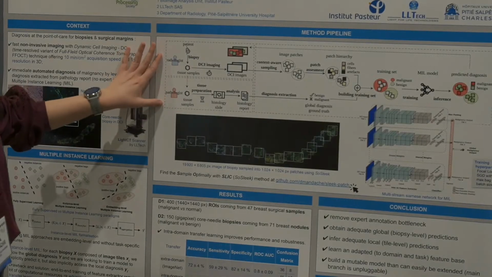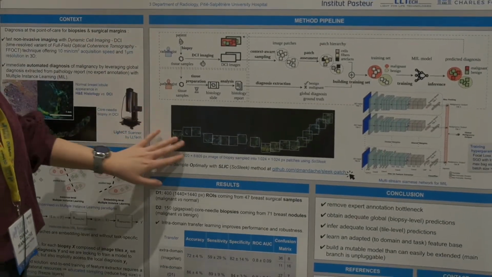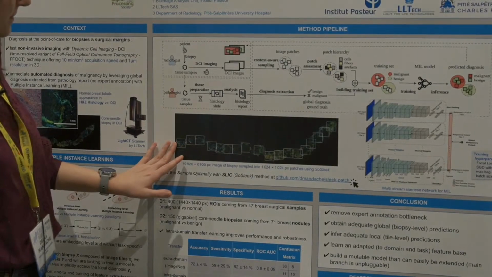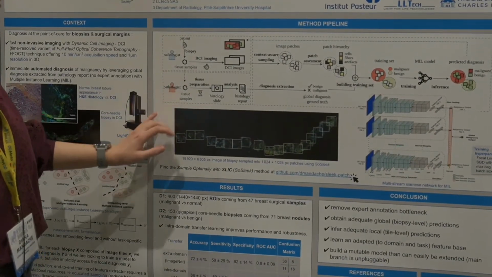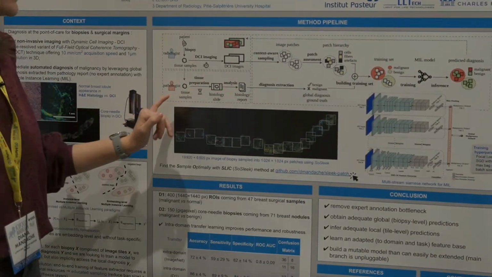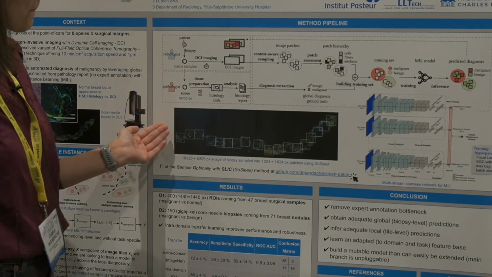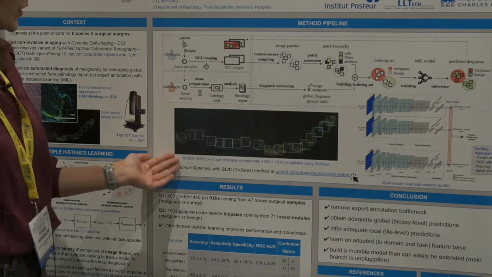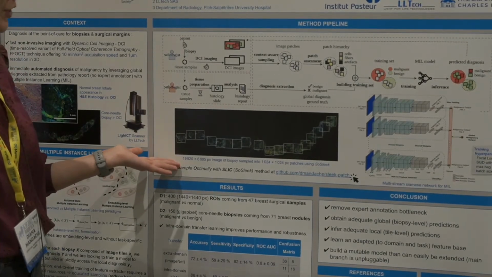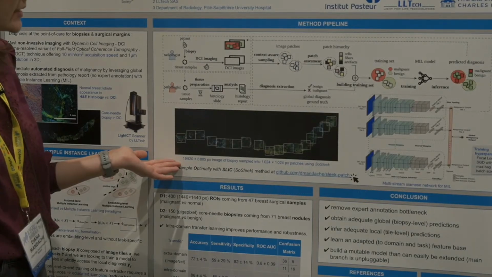So coming back to the pipeline, we have the biopsy acquired with our imaging, and we have a global diagnosis acquired from the pathologists, and we are dealing with huge images.